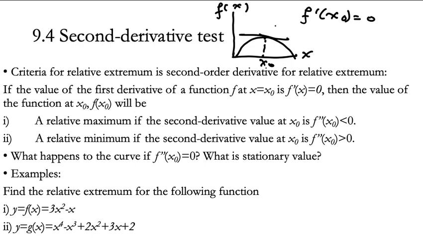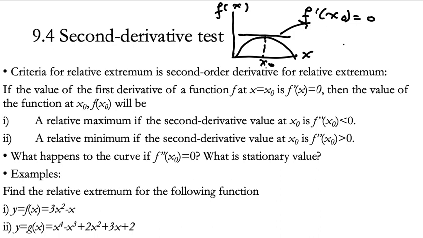When the slope is flat, we can see that the tangent line at x naught is flat as well.